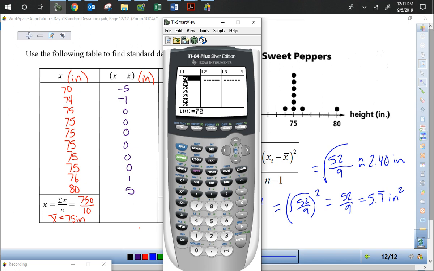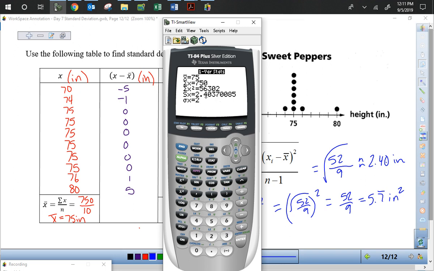Then what we're going to do is calculate the statistics we normally do the same way. So stat, over to calc, and then the one variable statistics. We have been skipping over some of these middle values because we didn't know what they were first. But now we realize this S is sample standard deviation, and this sigma is the population.